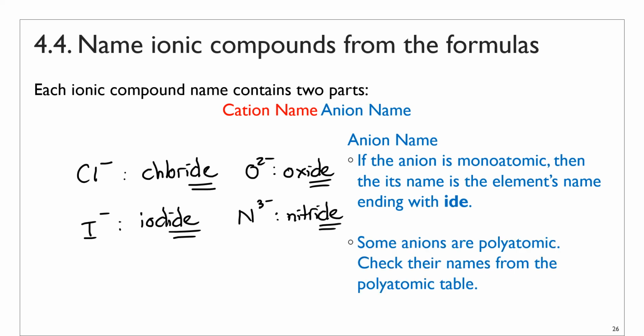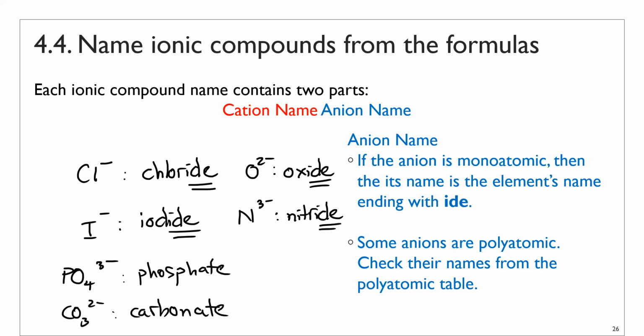If the anions are polyatomic, then again, I'm making it a bit simple for you, but you can just check the name on the polyatomic table for now. You see a lot of polyatomic anions compared to cations, only one. For example, PO4 3 minus is phosphate, and then you can have other things like CO3 2 minus is carbonate.